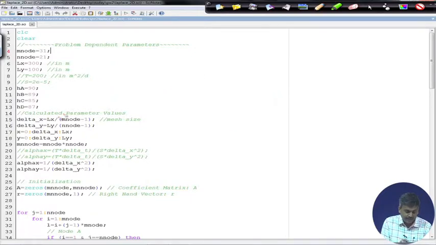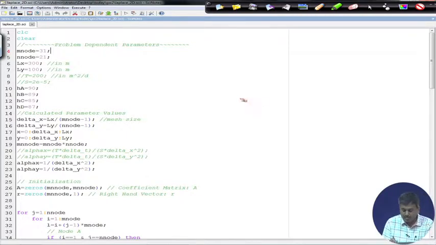Now, we can define delta x as Lx divided by m node minus 1. We can get delta x by dividing Lx into one segment.